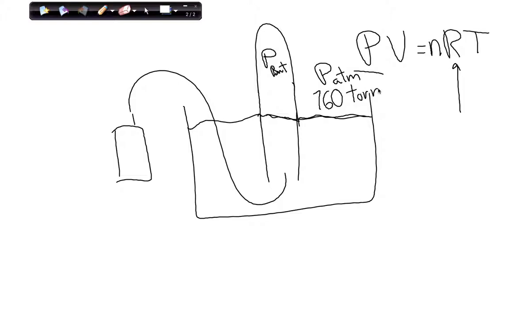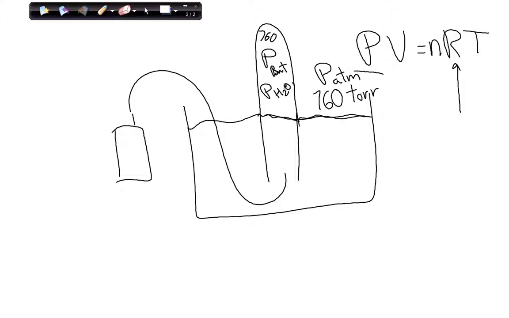Oh, because of water vapor. That's not the only thing inside the tube. Guys, the total pressure inside the tube is 760. But that pressure is not only being created by the butane, because there is also some water vapor in there.